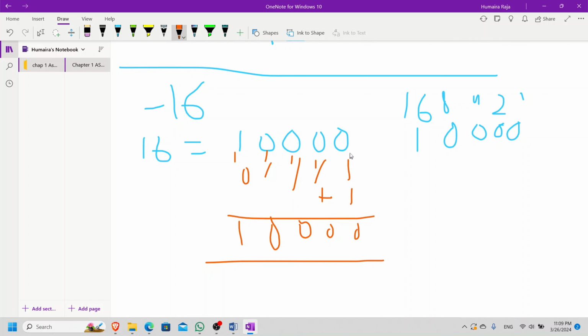You can see over here 16 is the same as minus 16, both have the same value. This is a constant, it can also happen, but you can also recheck whether this is equivalent to minus 16 or not. Remember, as I told you, you are representing a negative value using 2's complement.